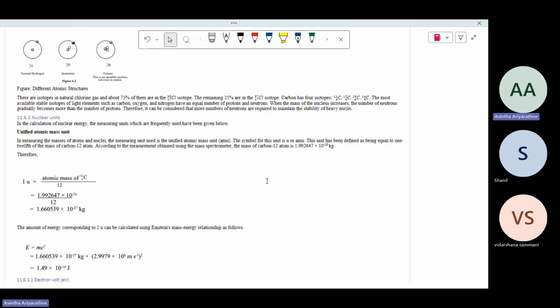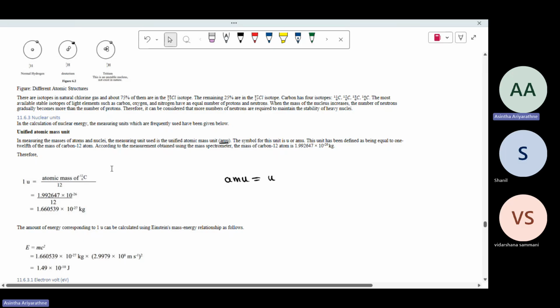For that, scientists have defined a unit called the unified atomic mass unit, AMU, or we simply call it U.